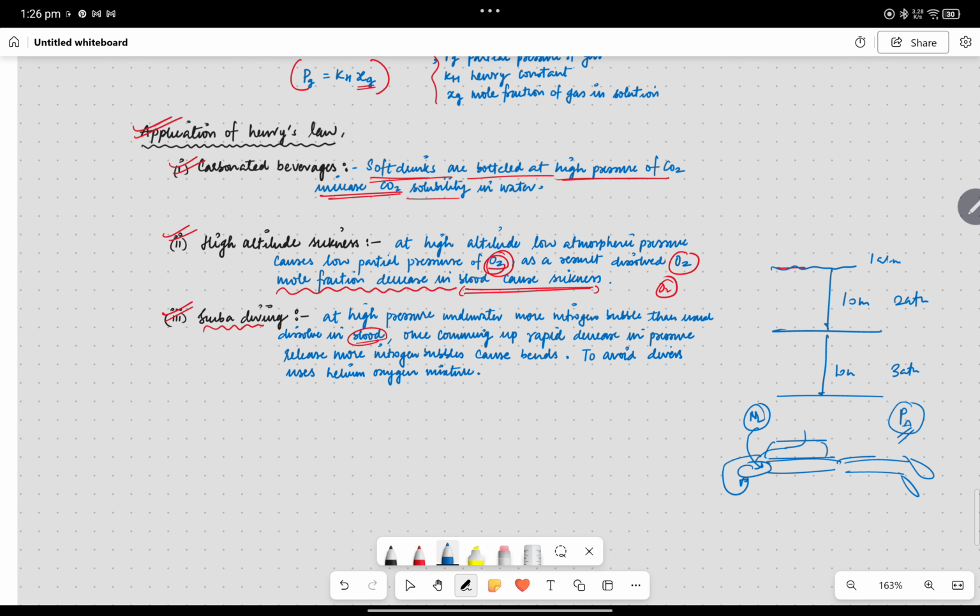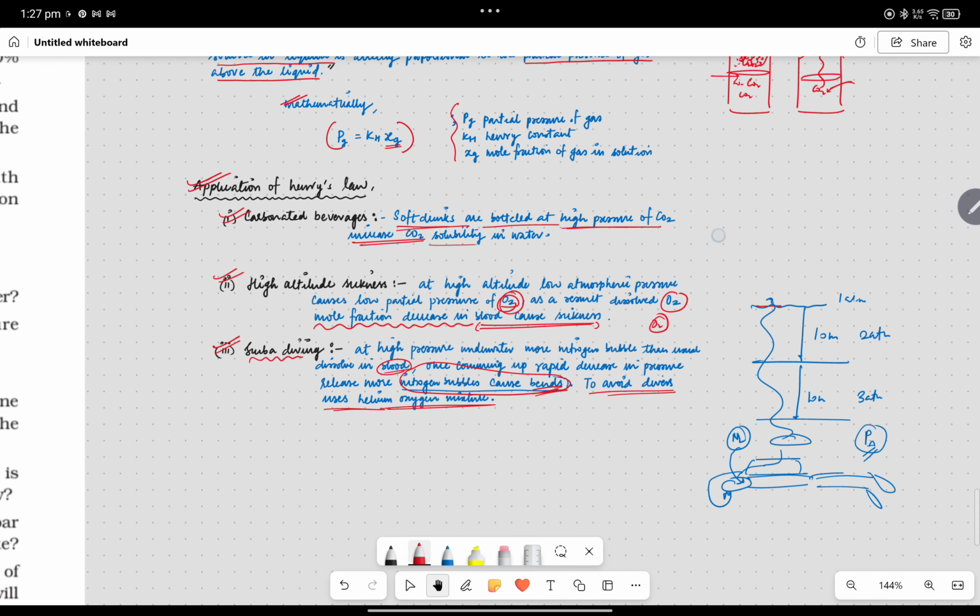Once they go up, there is a rapid release of nitrogen bubbles in their body, and that causes bends. To avoid that, divers use a helium-oxygen mixture.